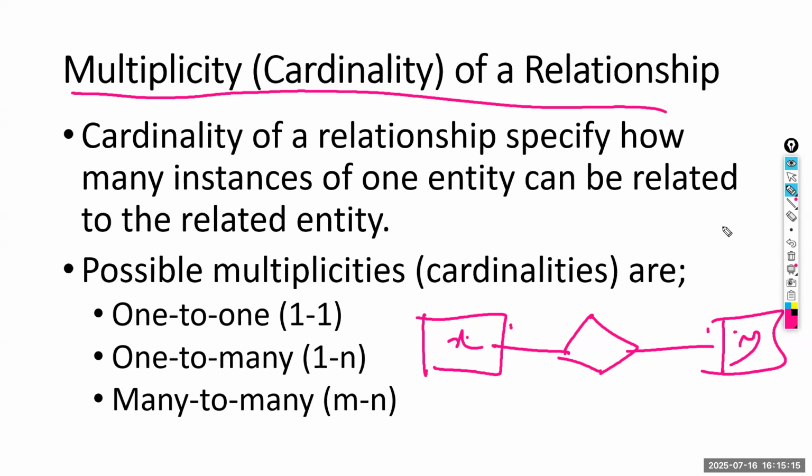So what are the possibilities? There are three possibilities: a one-to-one relationship, a one-to-many relationship, and a many-to-many relationship. Sometimes you may call it many-to-one, but when you look at it from the other side, it is one-to-many. So you don't need many-to-one. Therefore, we have three possibilities: one-to-one, one-to-many, many-to-many.